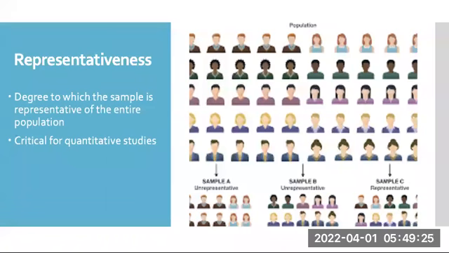But of course, the only way to do that is if we study the entire population. But if we did that, it would be very difficult and very expensive to include everyone in the sample.